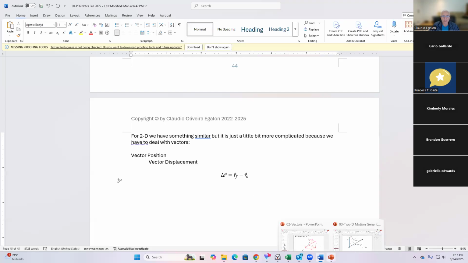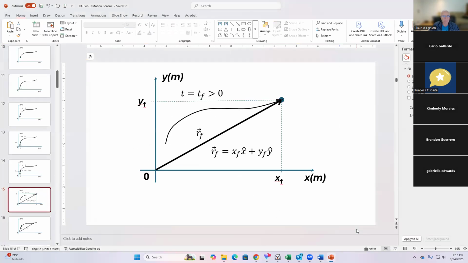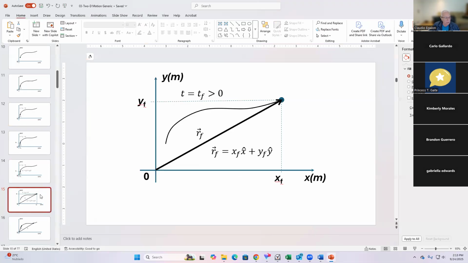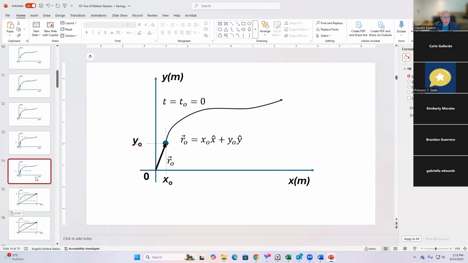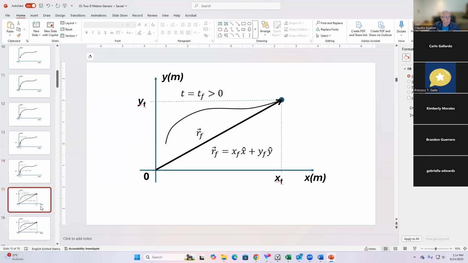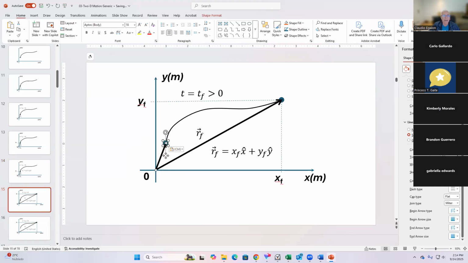And how does it look like in the two-dimensional space? R final looks just like that. And R initial looks just like that, okay? So I'm going to copy and paste here. Here's my R final. And here is my R initial. Like that.